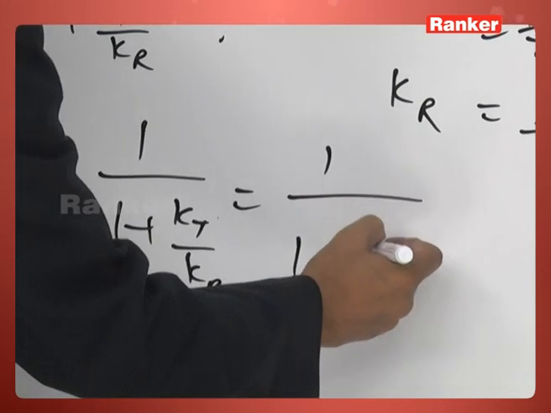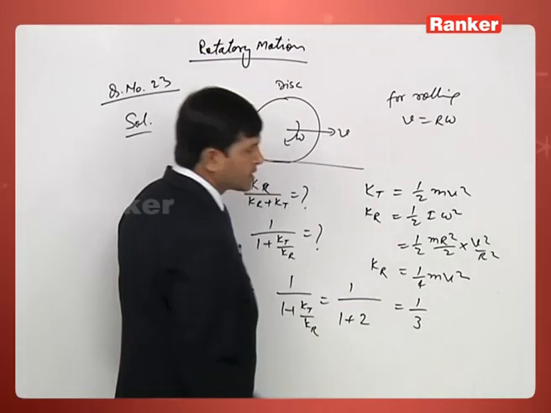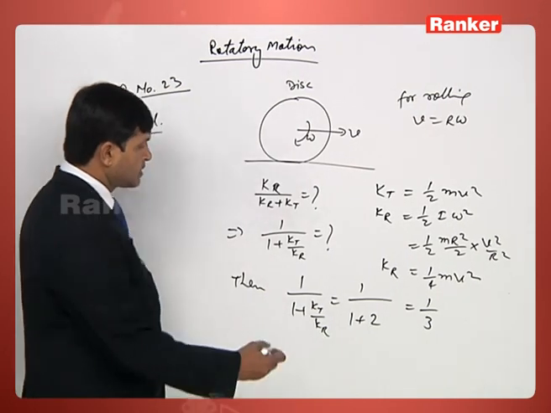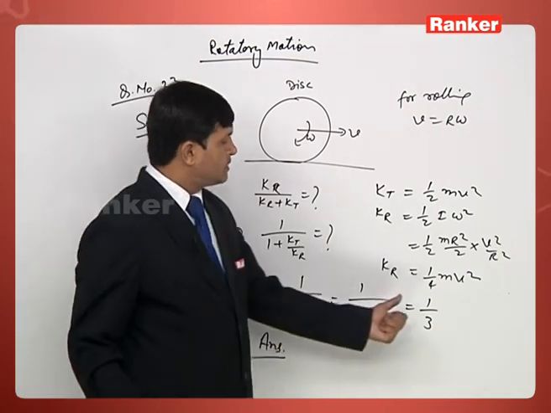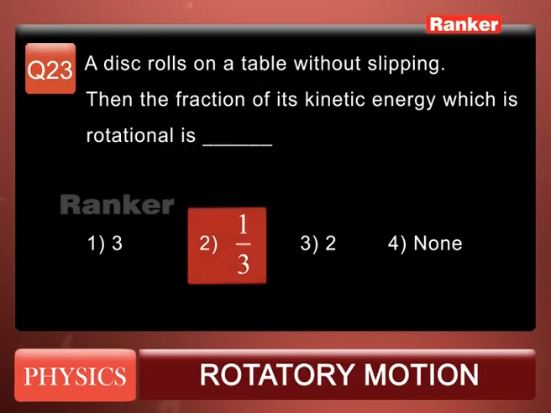So this is 2. So finally the answer is 1 by 3. So in which option is 1 by 3 given? That is option number 2, which is the correct option.